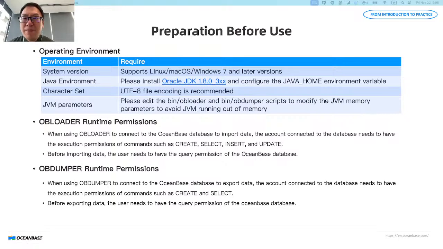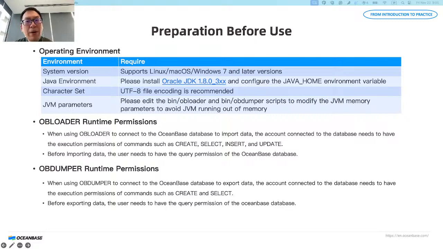The preparation before using obloader and obdumper is relatively simple. The first is the operating environment, including the system version, Java environment, charset, JVM parameters, and others. The second is the runtime permission of obloader.